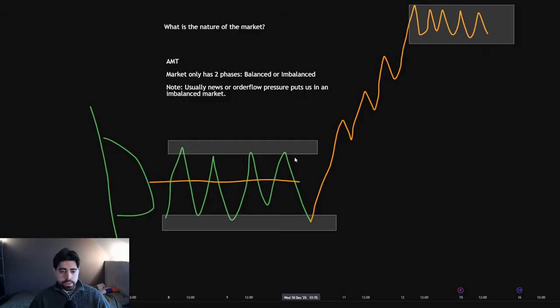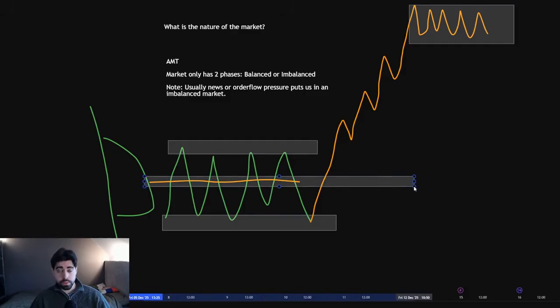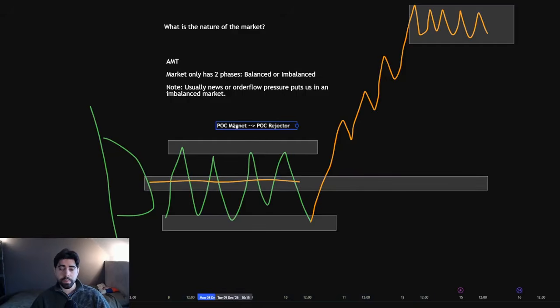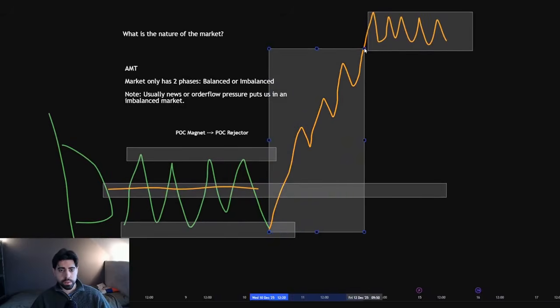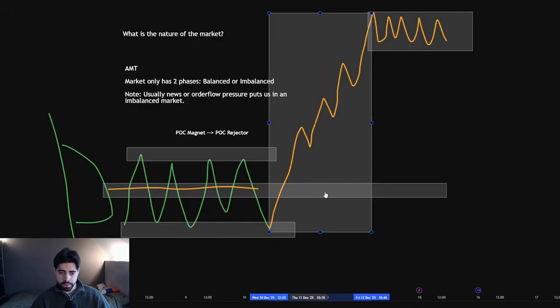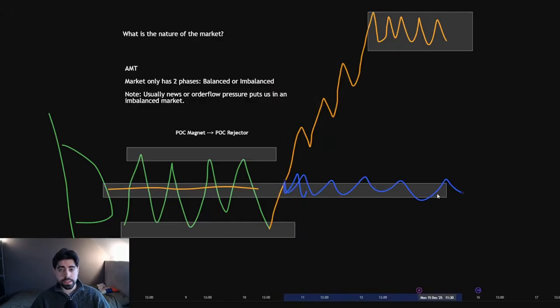When we leave this balanced area, this point of control that previously was a magnet will now become a rejector. So previously the POC was a magnet and now it's become a rejector. Why? Because all of these aggressive participants that pushed the price above the value area will now defend this previous POC zone.